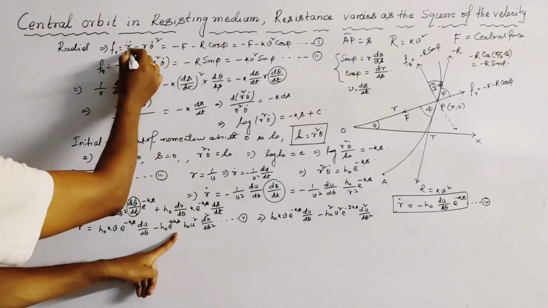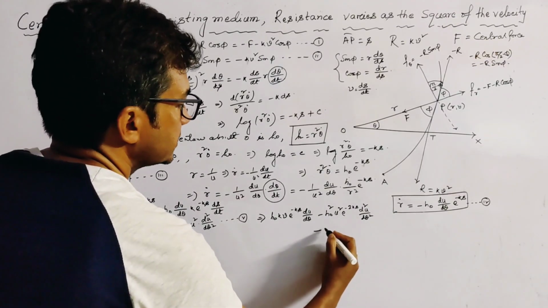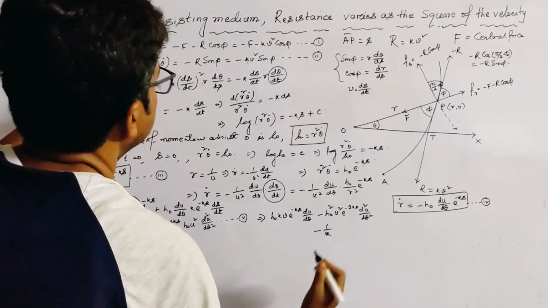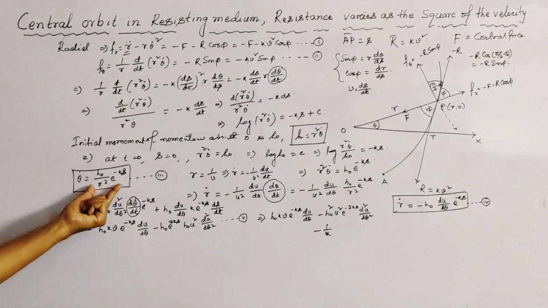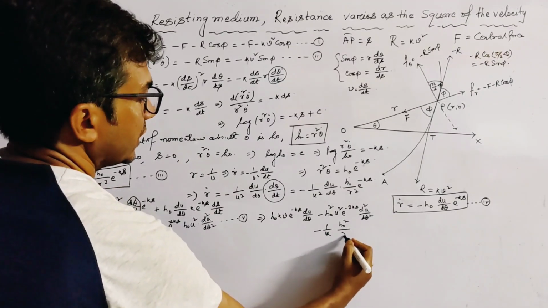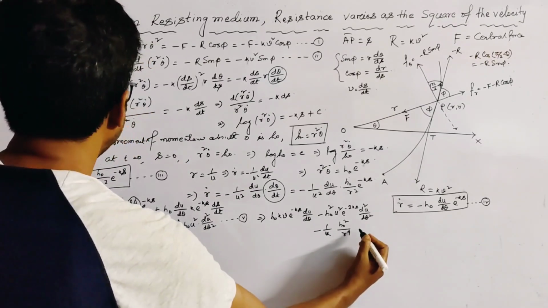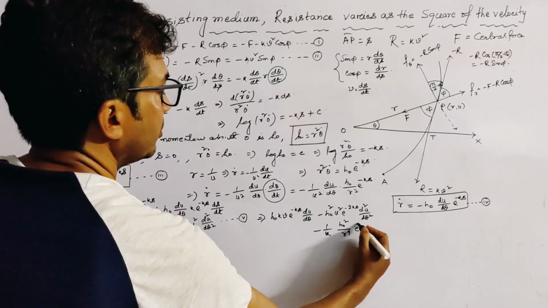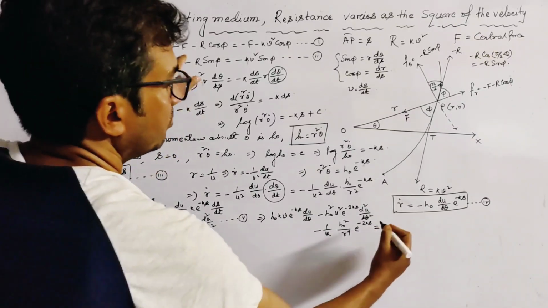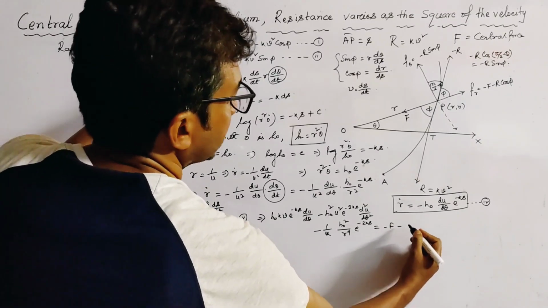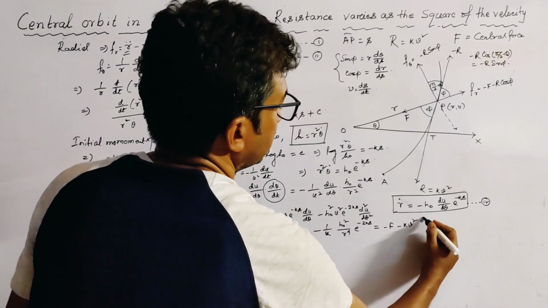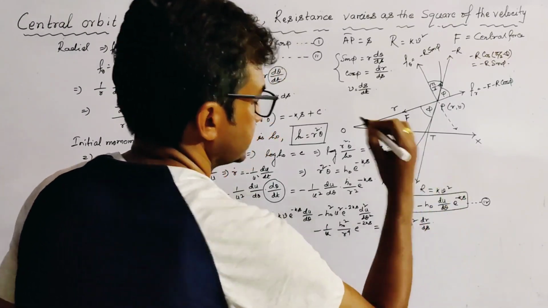This is the first term, r double dot, minus r, r means 1 by u, into theta dot square, so we get h0 square by r to the power 4 into e to the power minus 2ks. This is equal to minus f minus k v square into cos phi. Cos phi means dr by ds.